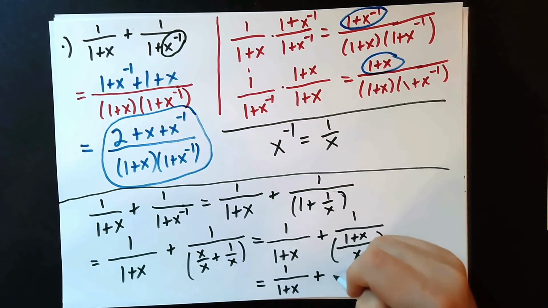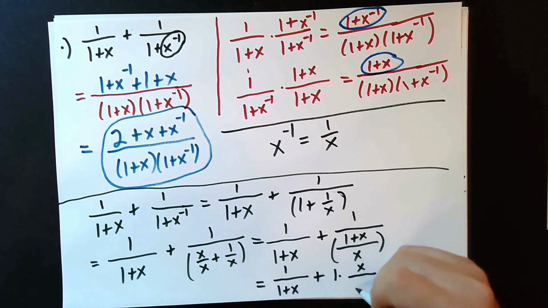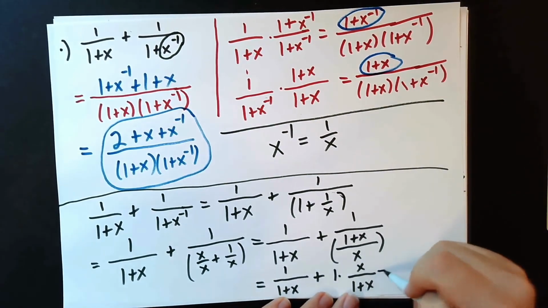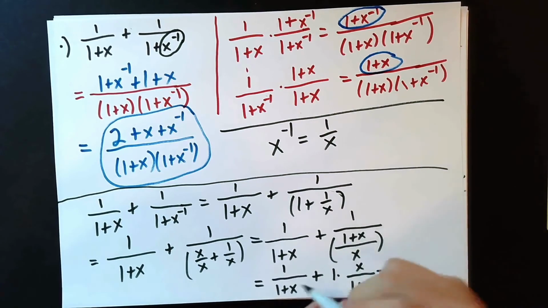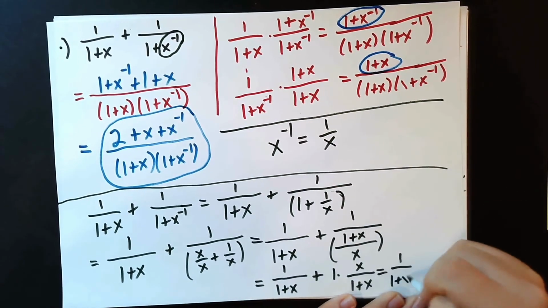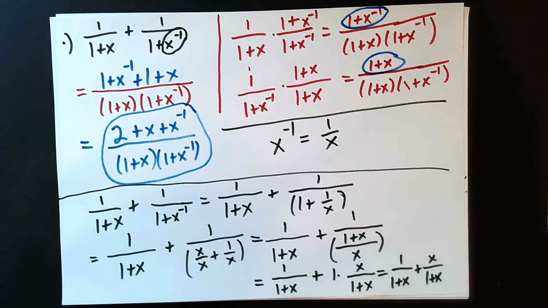So this is plus 1 times x divided by 1 plus x, which is going to be 1 over 1 plus x plus x over 1 plus x.